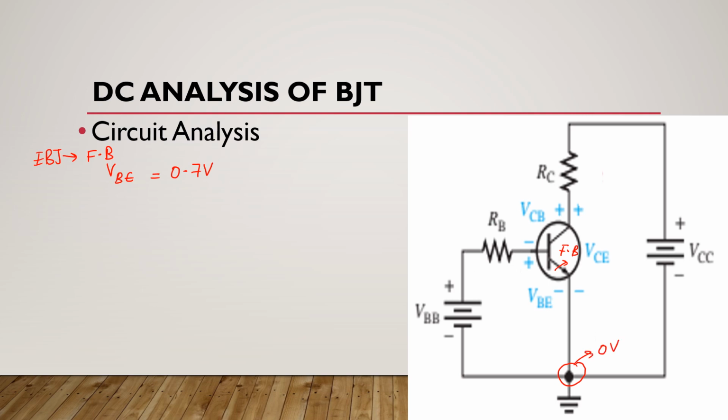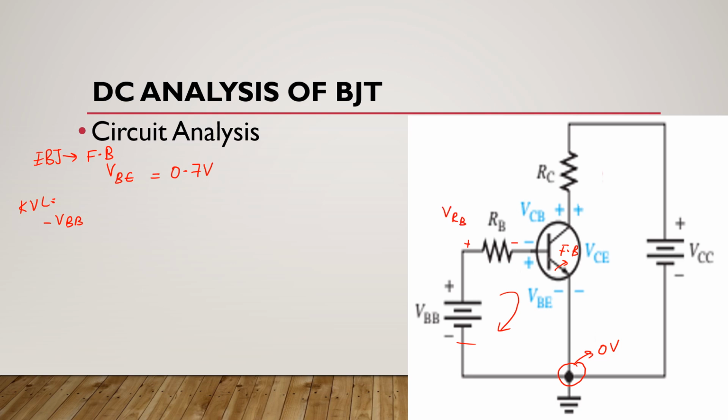And if we apply Kirchhoff's voltage law here in this loop, what would be our KVL equation? If we start from this point, it is minus VBB. This terminal of this resistor is positive and this is negative, and the voltage drop across this resistor is VRB.